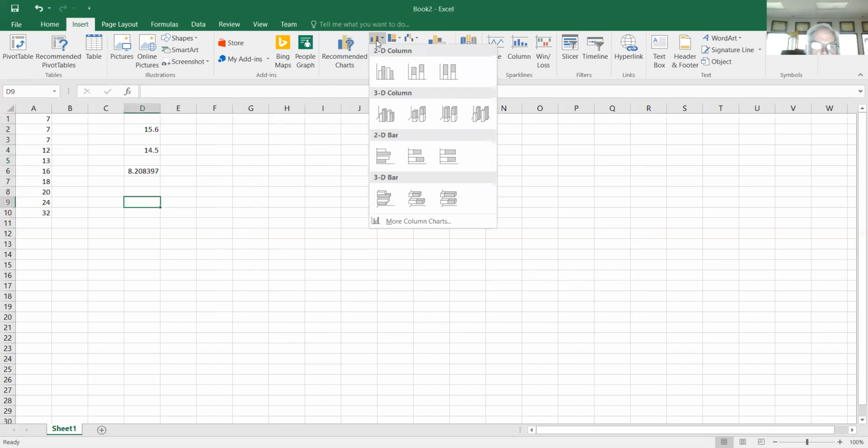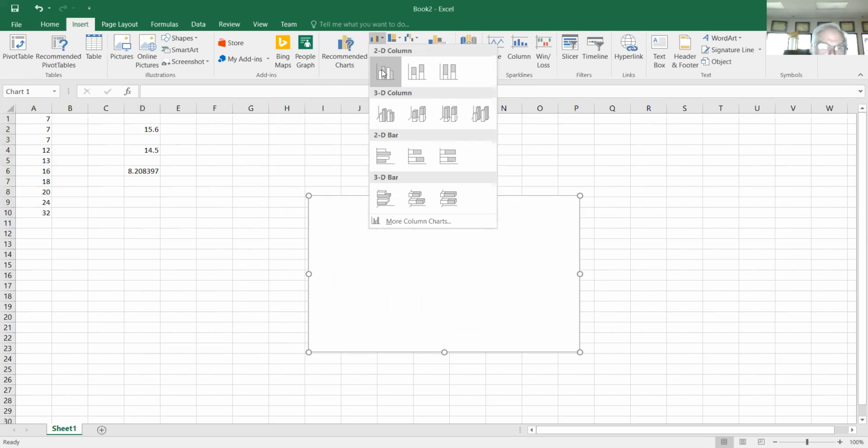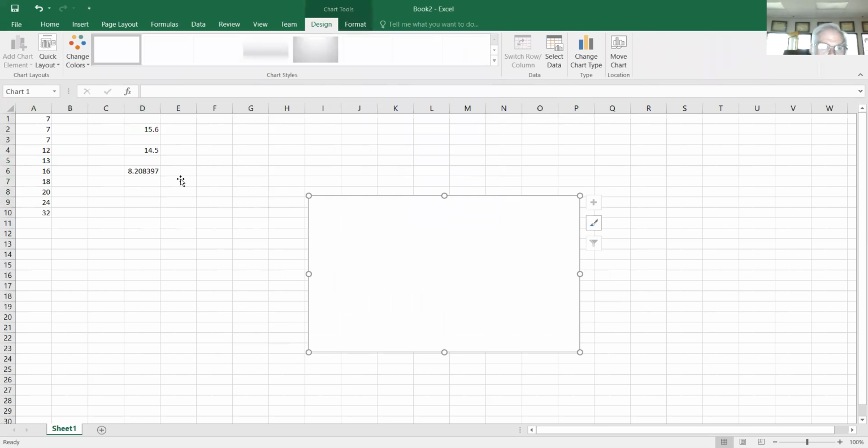And then we have a choice. We can have a vertical or we can have a horizontal. We can have two-dimensional or we can have three-dimensional. My preference is to keep it simple. So always use two-dimensional. Three-dimensional tends to be a little more confusing to look at. So we've got 2D columns.